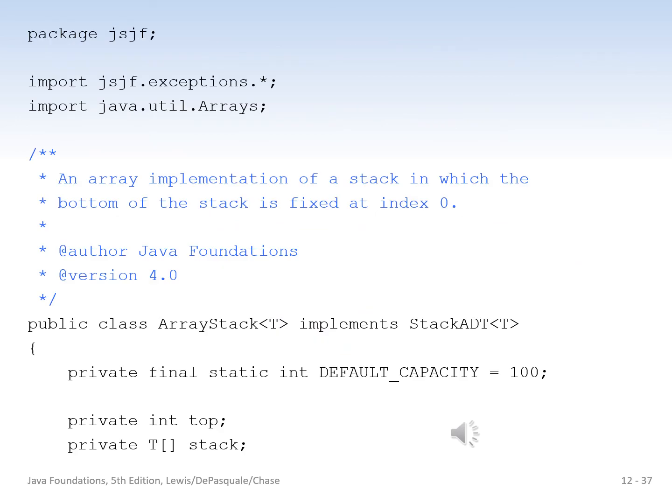Here are some early implementation details. This is an array implementation of a stack in which the bottom of the stack is fixed at index 0. You're going to have access to this fully implemented solution. Actually, not fully implemented, so I'm going to have you implement 2 methods as an exercise.